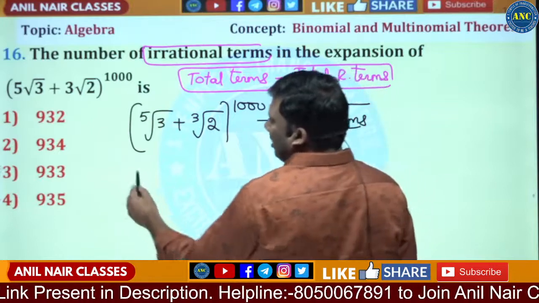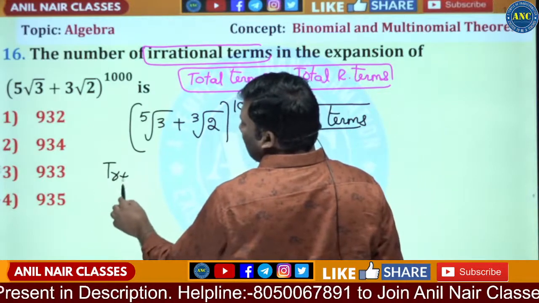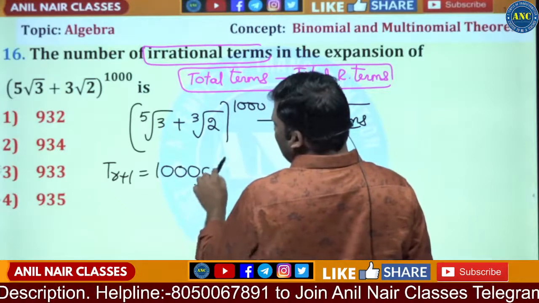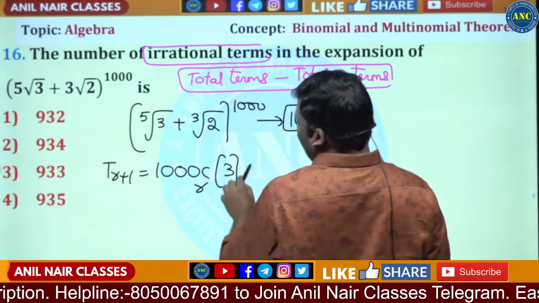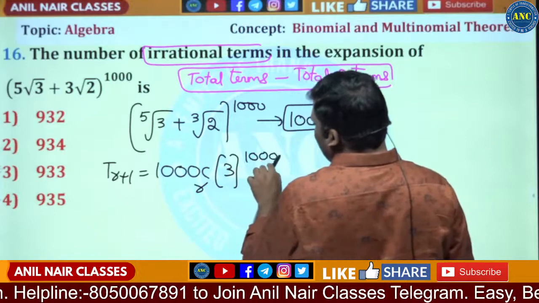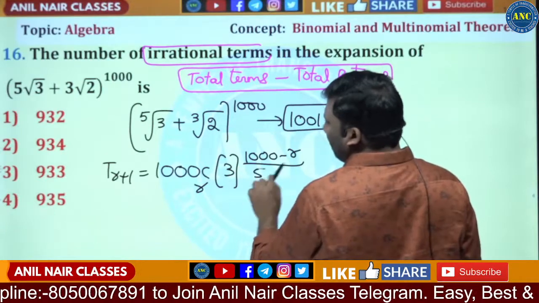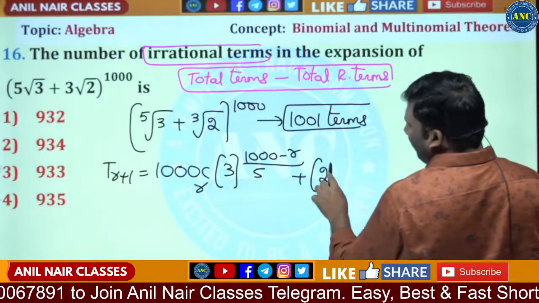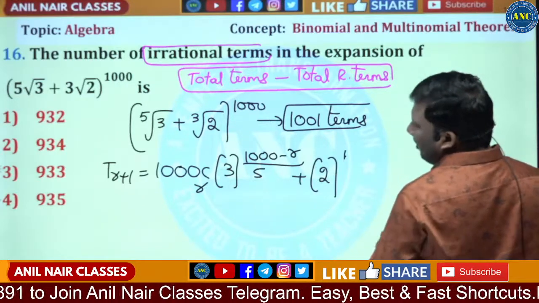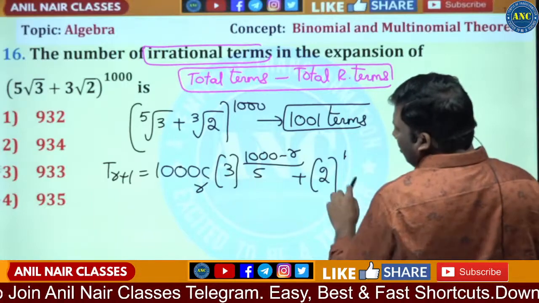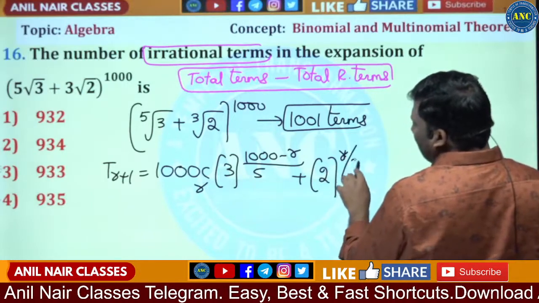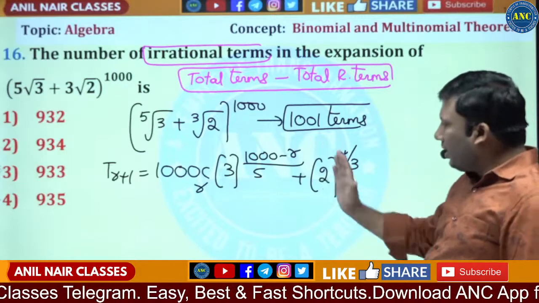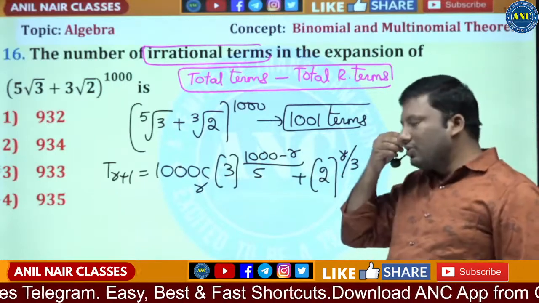So T(r+1) is equivalent to 1000 C r, 3 power (1000 minus r) divided by 5, because it is 5 root 3, plus 2 power r by 3. Now it is very easy. 1000 minus r.